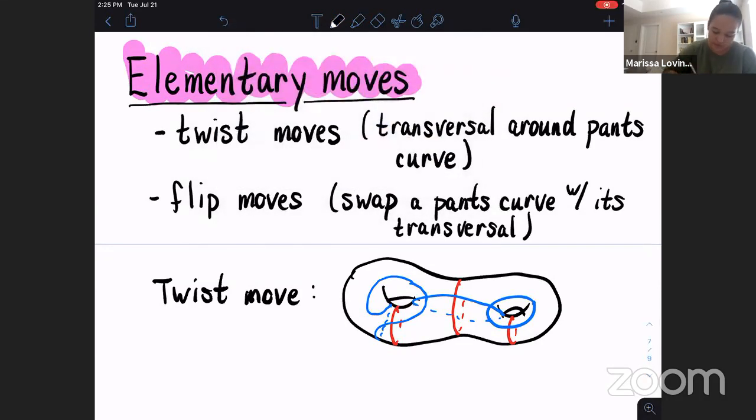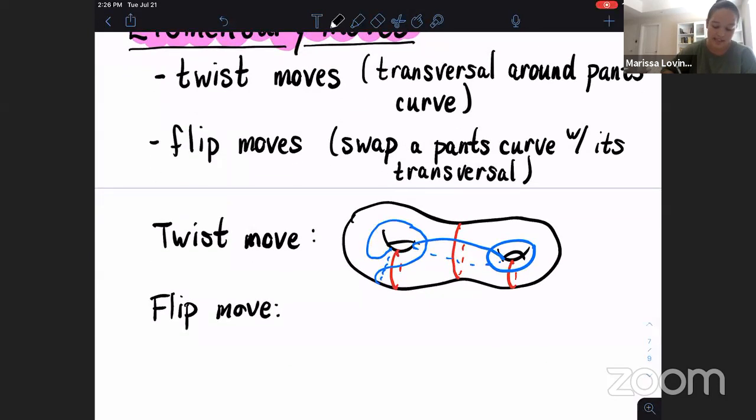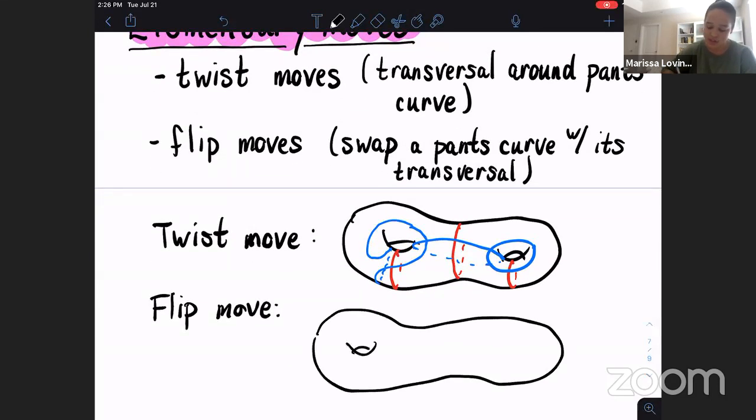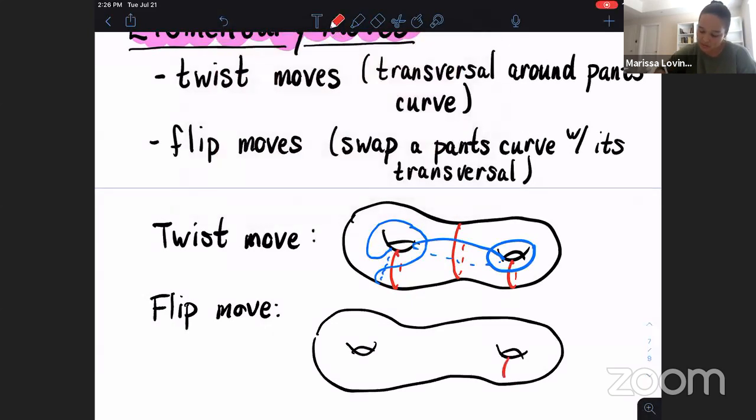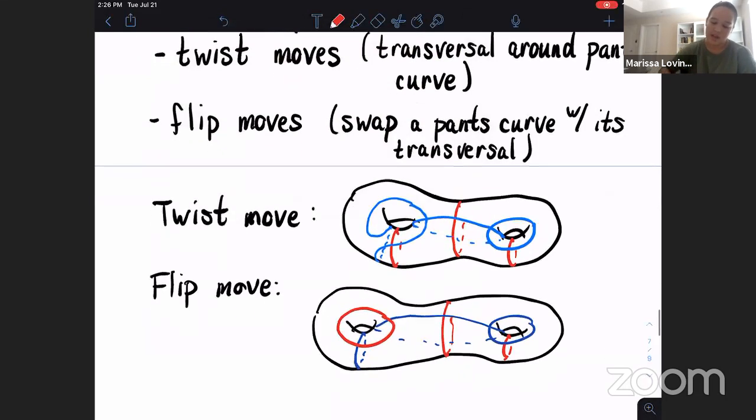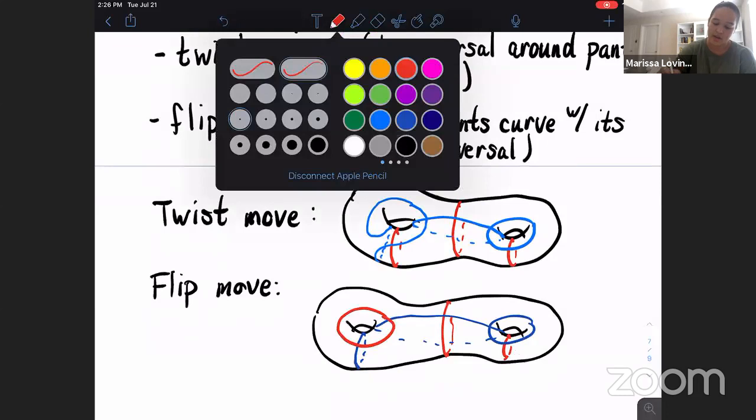And then the flip move. I'll draw a picture, and this is going to illustrate a bit more of a complexity that we're not going to get into too much. Let me put my curves back. Here, it's really just a difference in labelings, right? We're going to switch this now to be my transversal and this now to be my pants curve. This is where I really need to put an asterisk on what I said earlier.